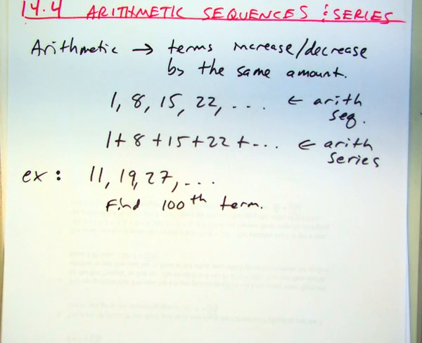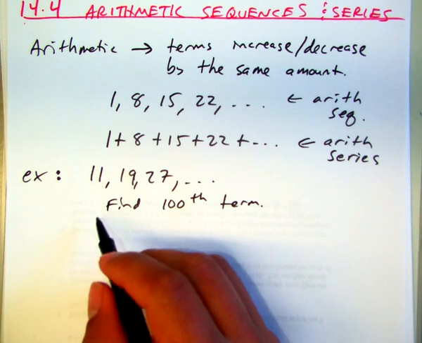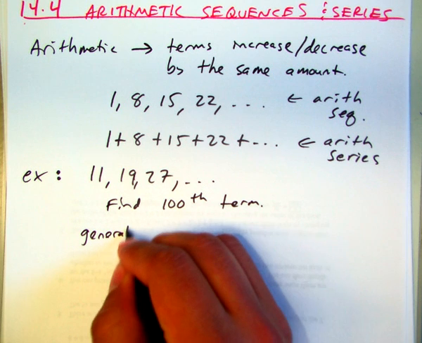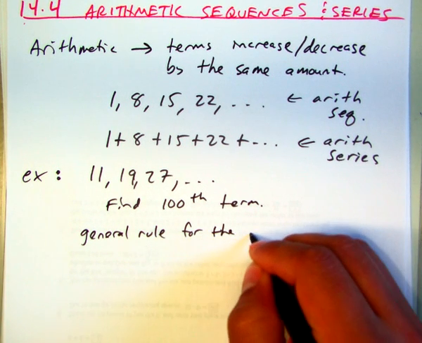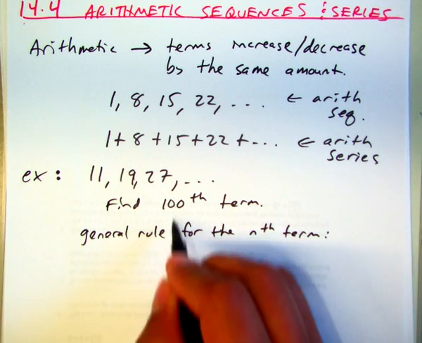You could just keep adding 8 until you get to the 100th number, but that might take you a while. We could also try to find a general formula or general rule for the nth term and then use that to find the 100th term.